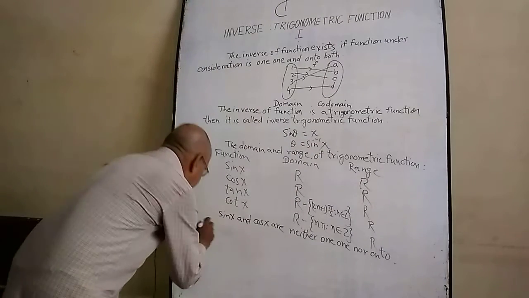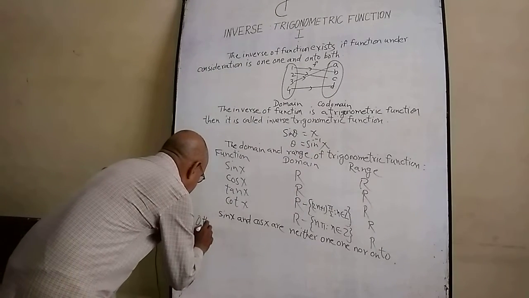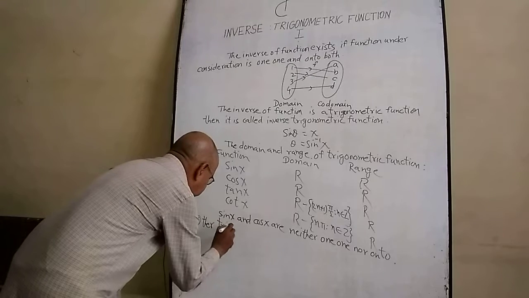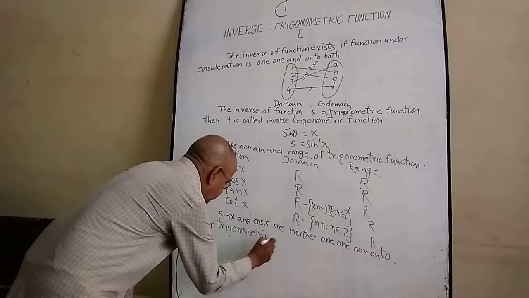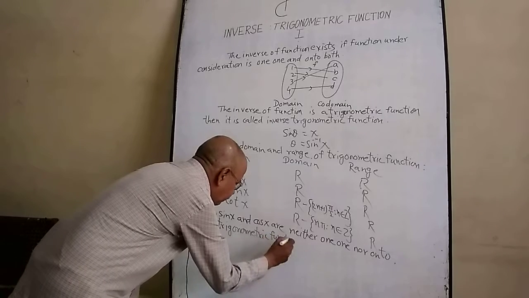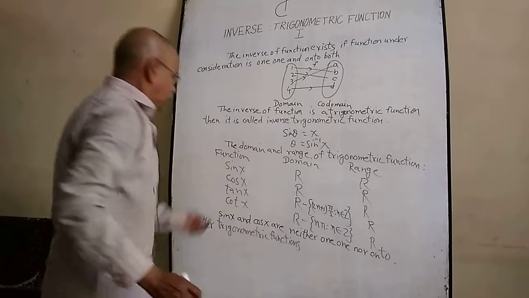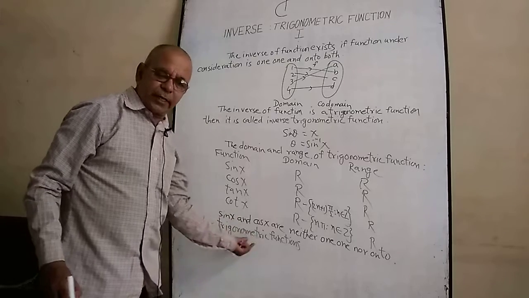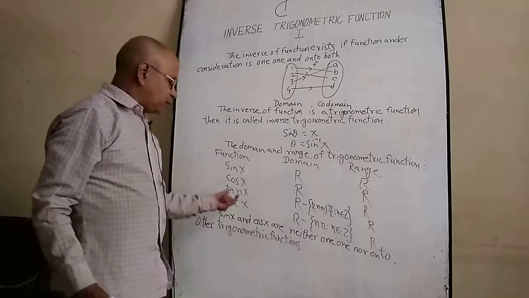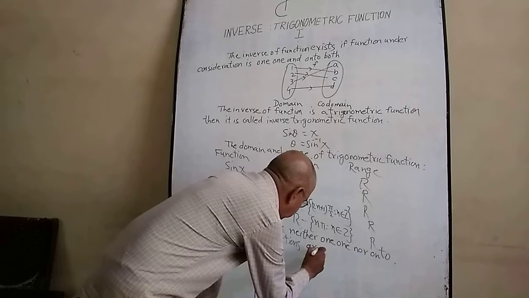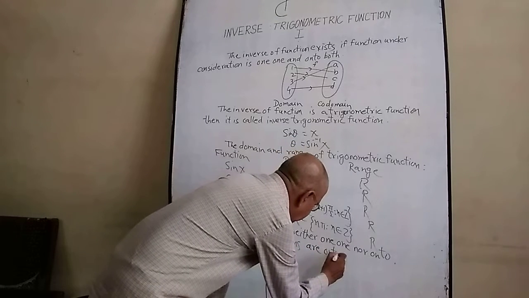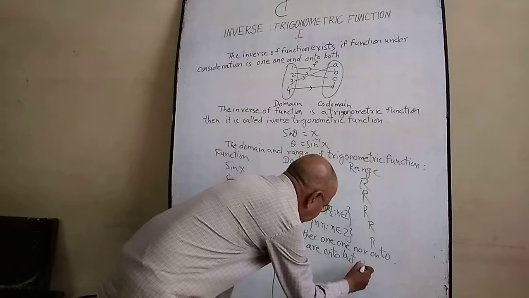Similarly, the other trigonometric functions, of course tangent, cotangent, secant, cosecant, or briefly tan x, cot x, sec x, cosec x, are onto, but not 1-1.